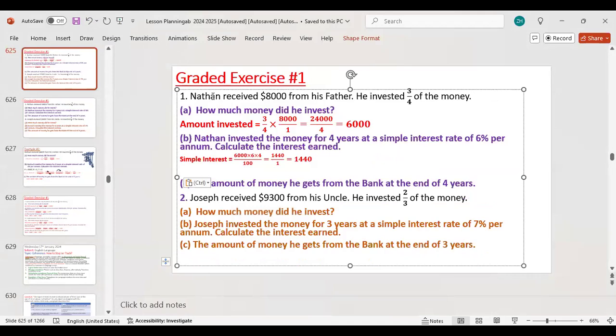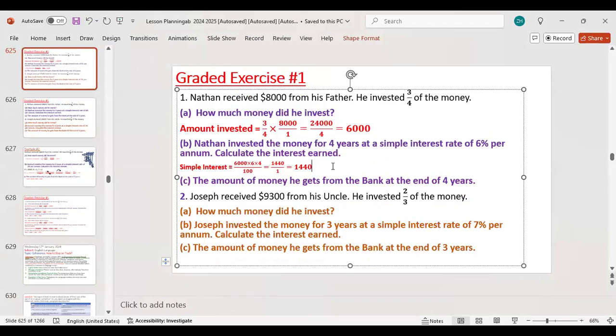I multiplied 24,000 by 6 and got 144,000. I put that all over 100, and 100 into 144,000 is equal to 1,440.